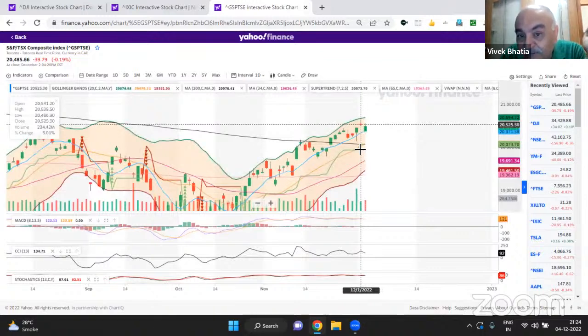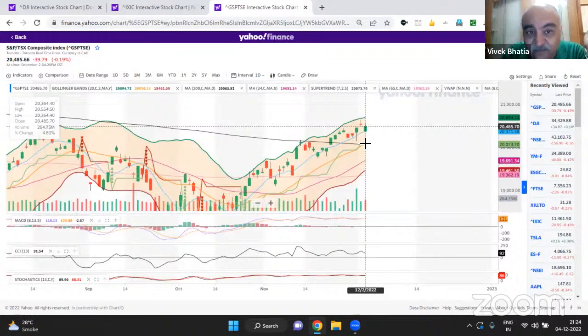That 20 moving average is crossing the 200-day moving average, or has already crossed the 200-day moving average. So that again is a kind of a golden crossover.